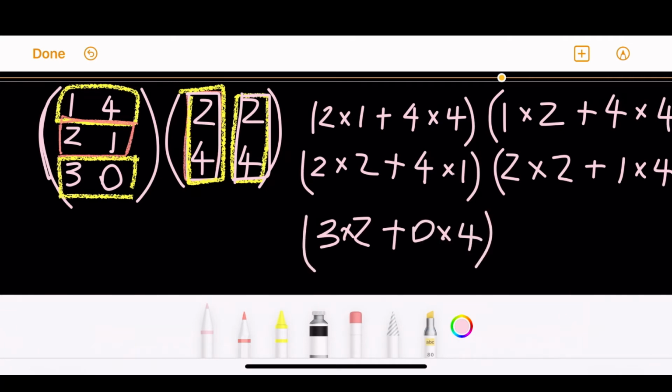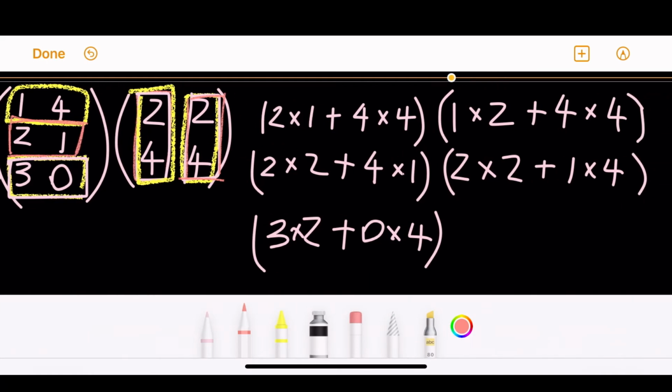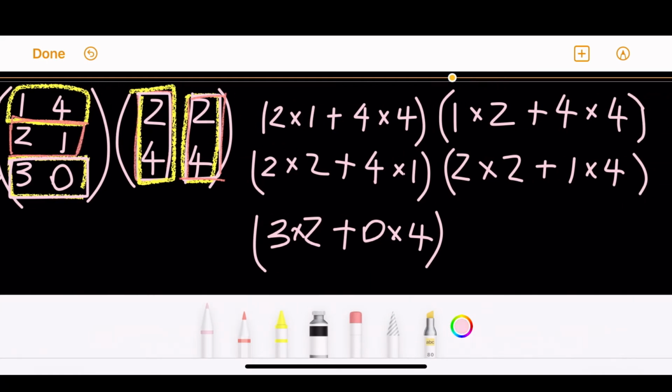And lastly, we still have this last row, but now we multiply it and add with the outer column. So that's 3 times 2 plus 0 times 4.